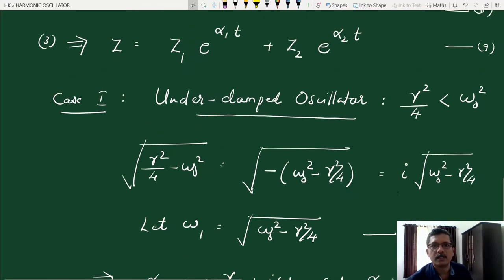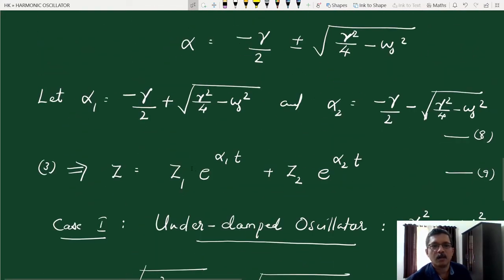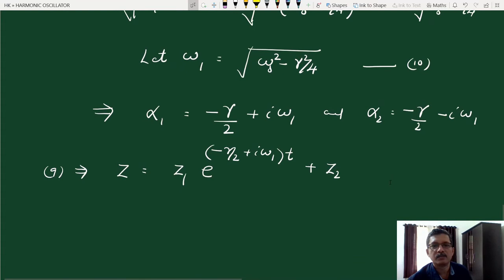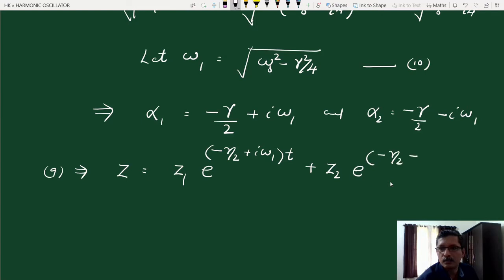See here, equation 9 is z1 e raised to alpha 1 t plus z2 e raised to alpha 2 t, right? So instead of alpha 1 I have substituted, and similarly for alpha 2, e raised to minus gamma by 2 minus i omega 1 t.